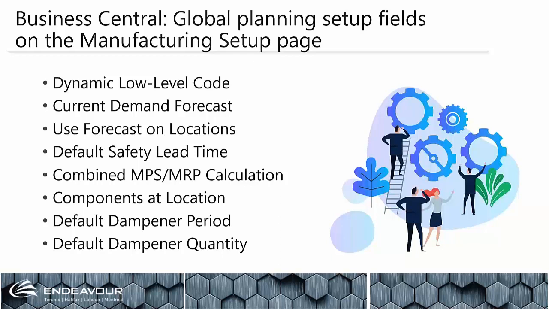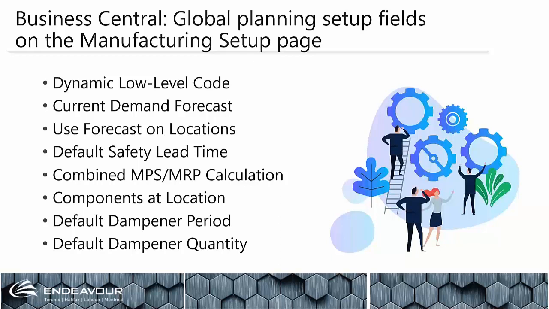The other two fields are default dampener period and default dampener quantity. Those have similar priority identification as the default safety lead time. So these three fields have a global setup field on the manufacturing setup page, or a local setup field on the item card.